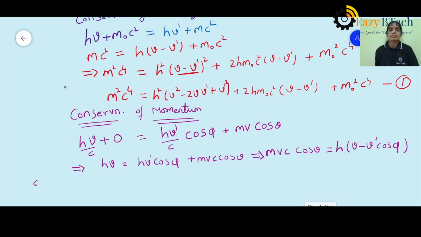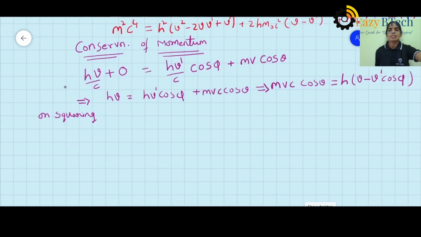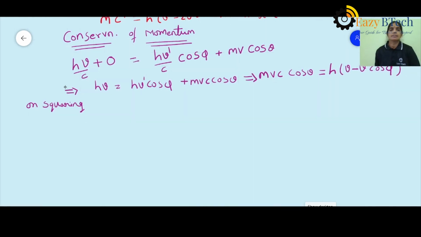On squaring, the equation reduces to m square v square c square cos square theta on the LHS.